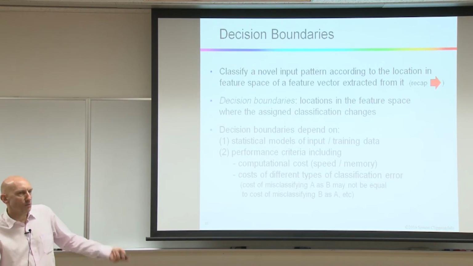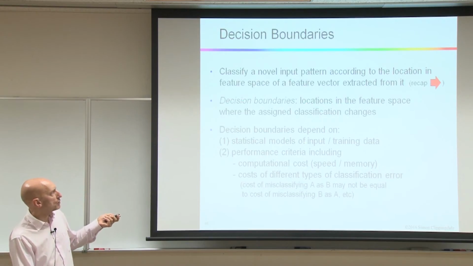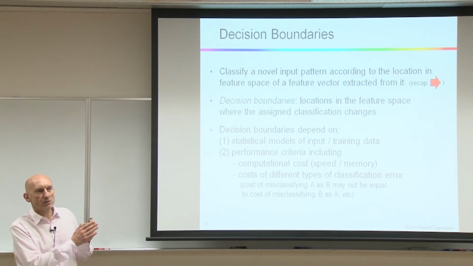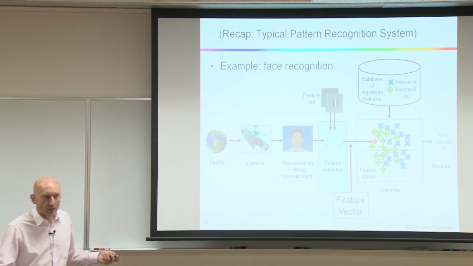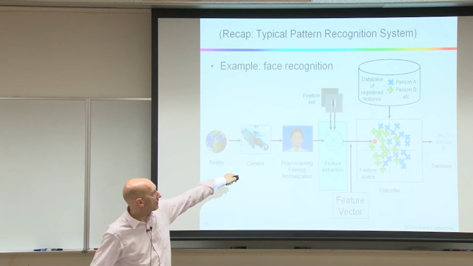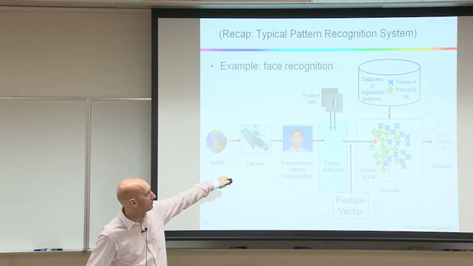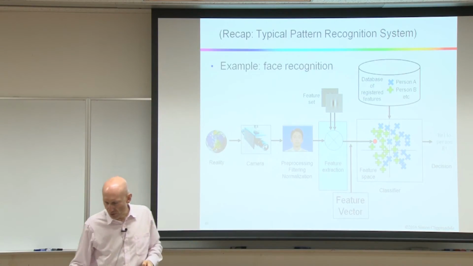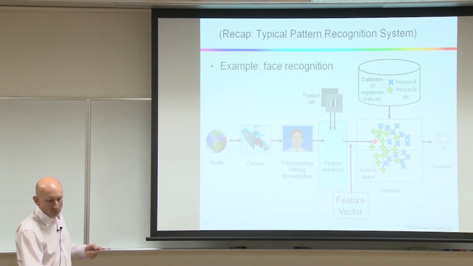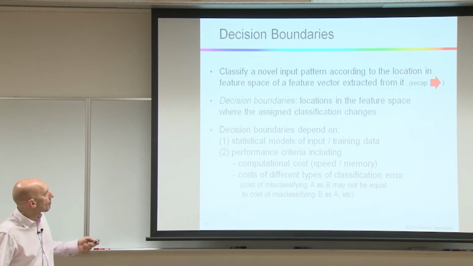And in order to do that, we need things called decision boundaries, which are locations where we're going to change the output, the verdict of this system. So in this case, you might think that a decision boundary, something like this, would separate most of person A's and person B's training data. But of course, you would like to be a little more rigorous about it.